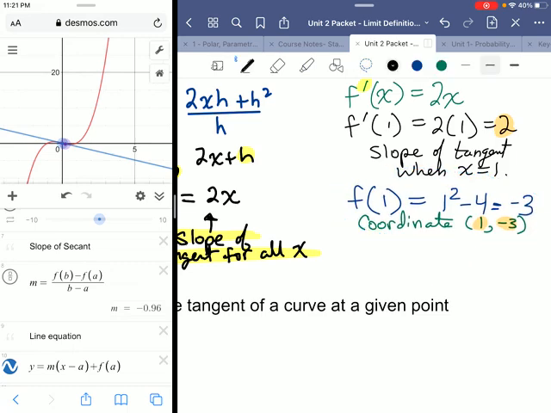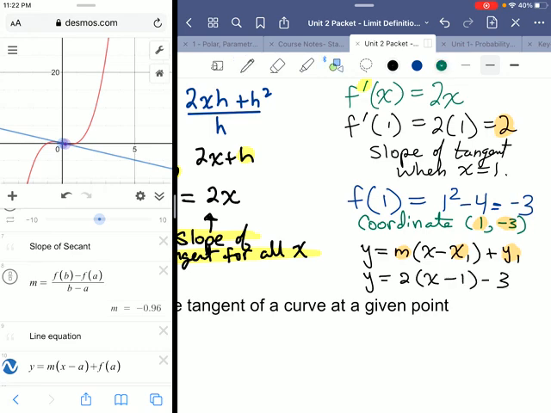You just got to know what the appropriate model ought to be for a linear function. Typically we use y equals m times x minus x sub 1 plus y sub 1, where x sub 1 and y sub 1 are a point along the curve, and m is your slope. Essentially, we're popping in for this, this, and this. So y would be equal to 2 times x minus 1 minus 3.